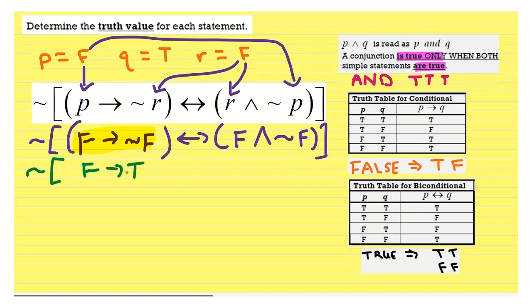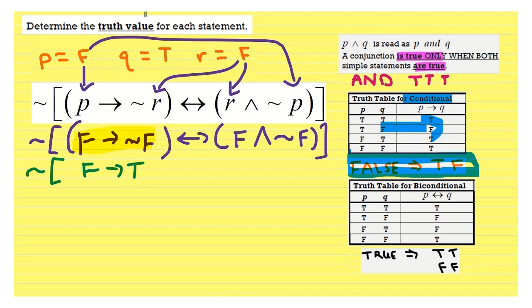So F, if F, then T. That right there is a conditional. That's the one-sided arrow. The cheat sheet for that is that it's false only if it's true and false. So do we see true and false? No, it is not true and false.